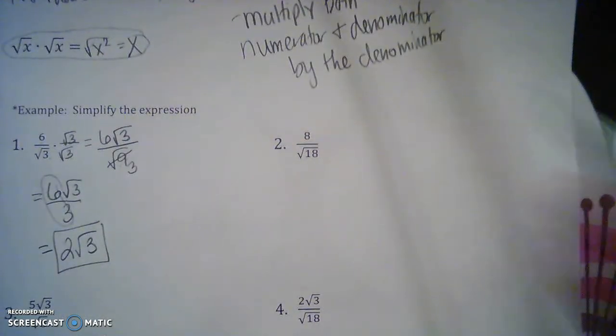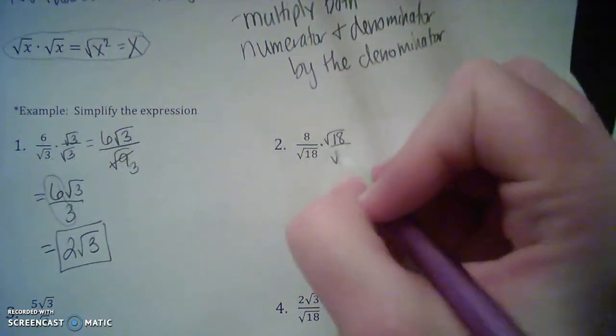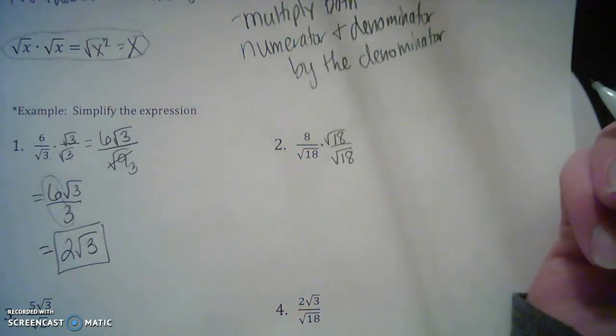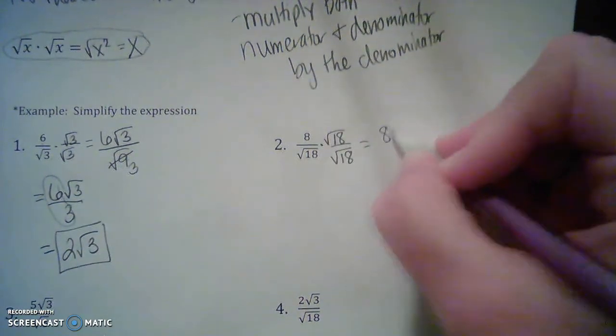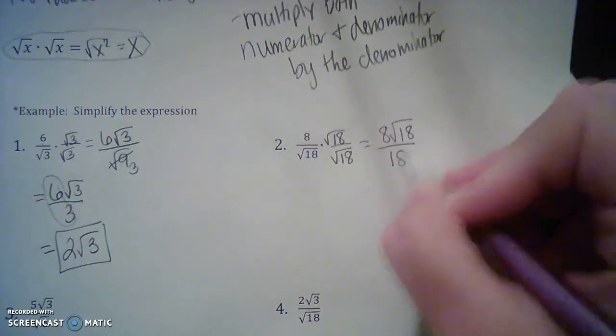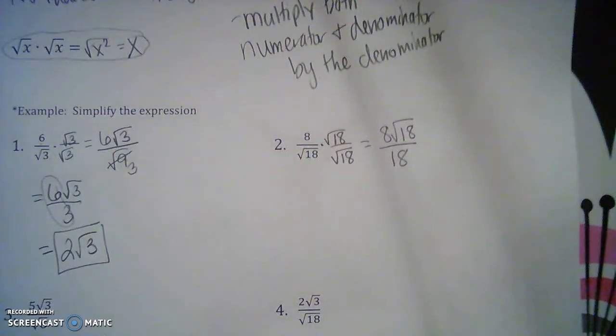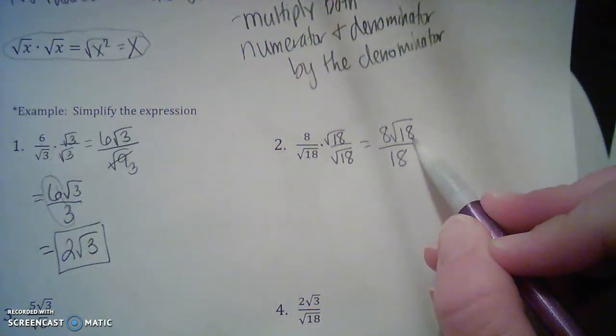Number 2 has the same thing. Square root of 18, square root of 18. We can't do anything with those, so we can leave them as 8 square root of 18 all over 18. So here's kind of the issue when we do these. Square root of 18 is not simplified.